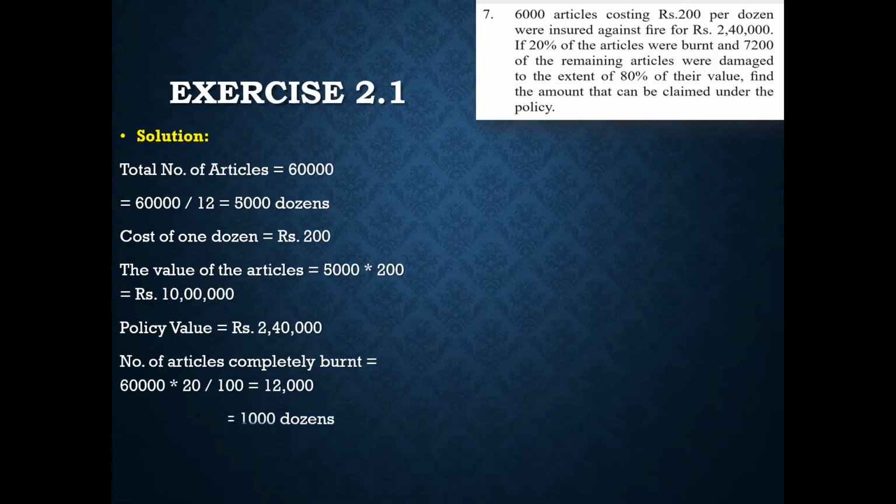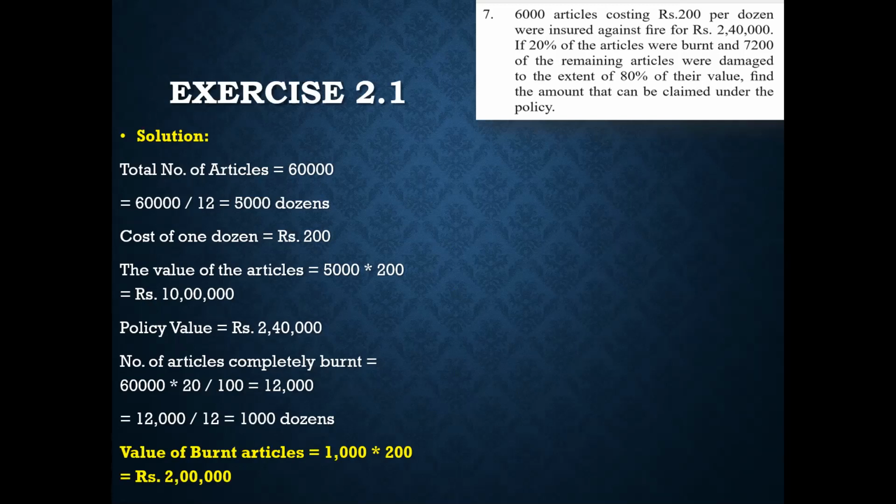That means how many dozens have been destroyed? 12,000 divided by 12, that is 1,000 dozens are completely burnt. They have turned into ashes. So what is your loss? Value of burnt articles is 1,000 into 200 per dozen. So you have suffered a loss of 2 lakh rupees.